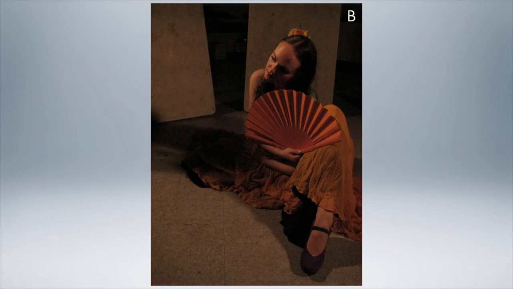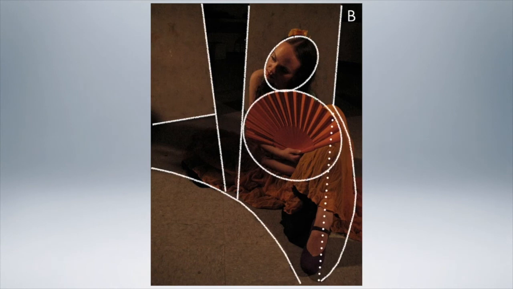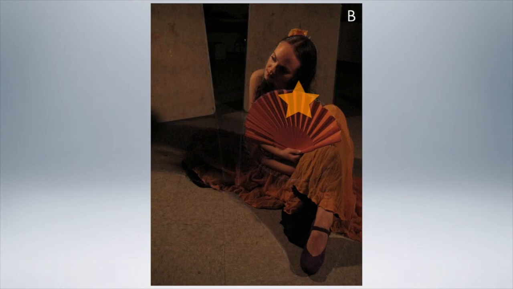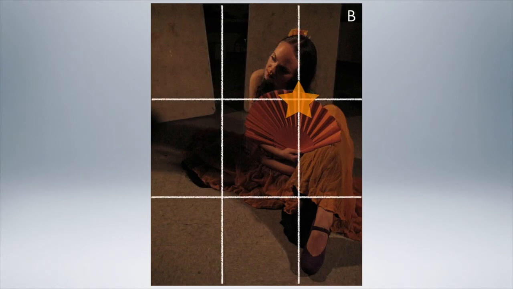This is photo B. You'll notice that there isn't a third table showing, so we now have just two tables, which changes the composition quite a bit. And once we start to throw in some of the extra goodies, there's still a sense that that is where the focal point is, because again, that is still on the intersection of the thirds.